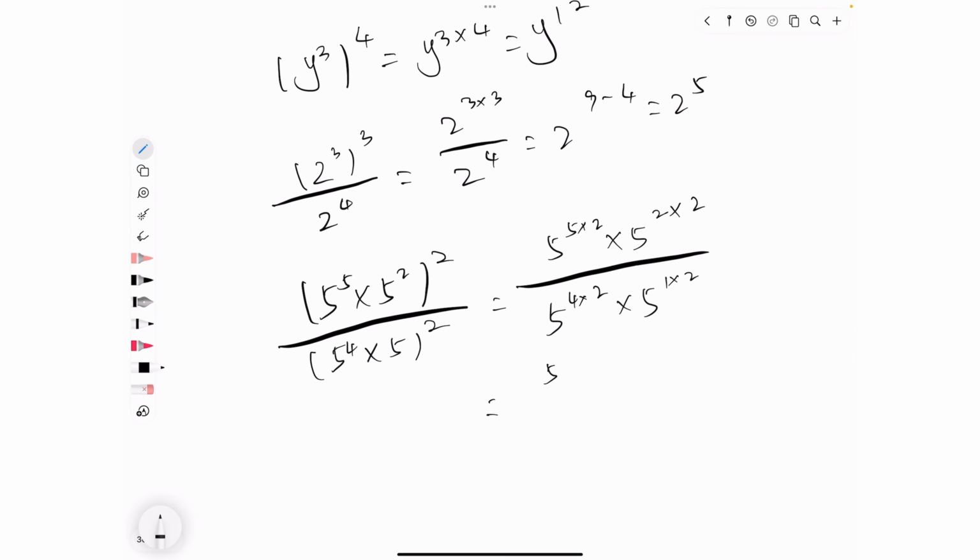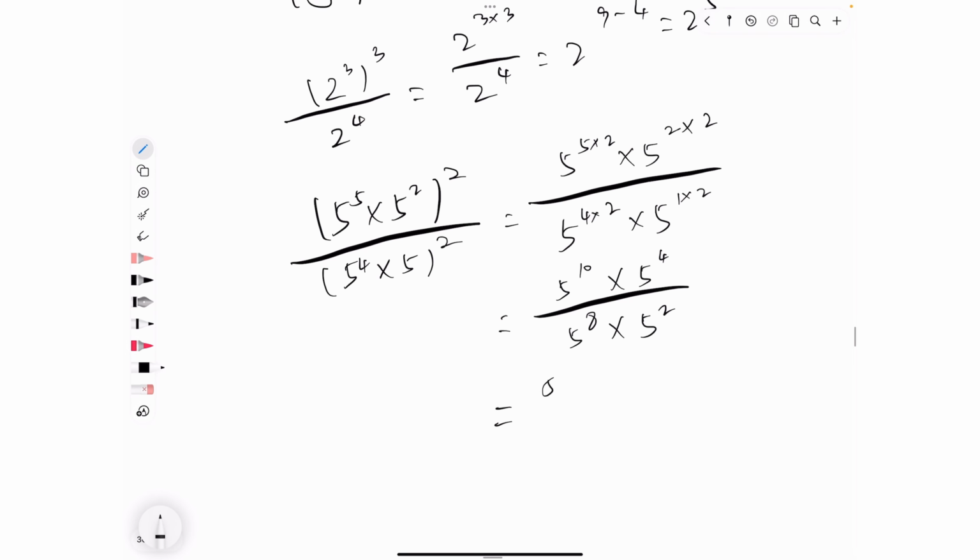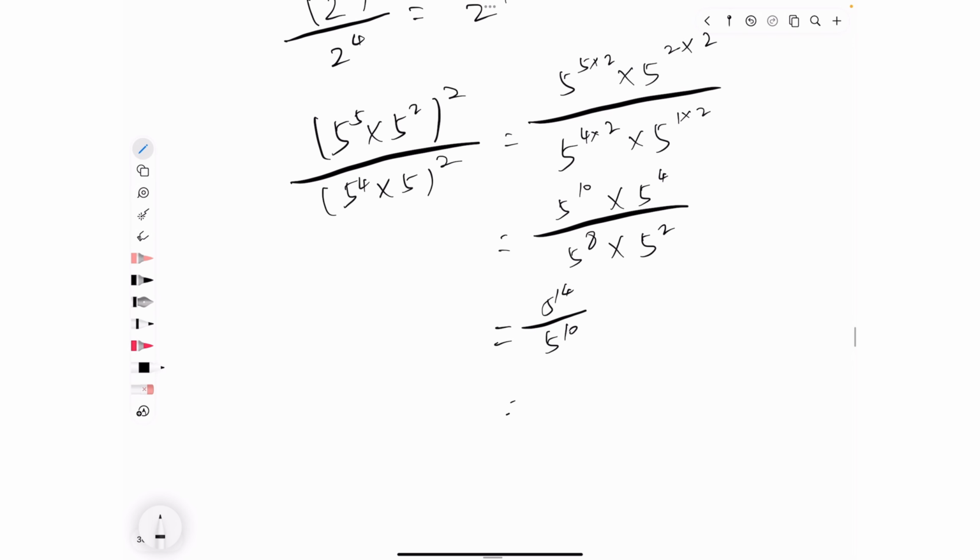So we have 5 to the 10, 5 to the 4, 5 to the 8, 5 to the 2. So at the end, we should have 5 to the 14 divided by 5 to the 10. So we have 5 to the 14 minus 10. Whenever we have a to the m divided by a to the n equals a to the m minus n. So that gives us 5 to the 4.